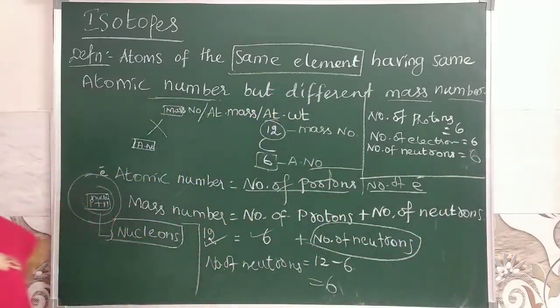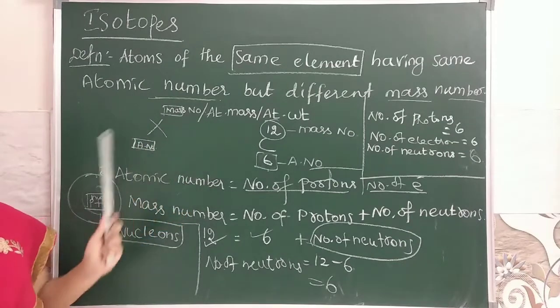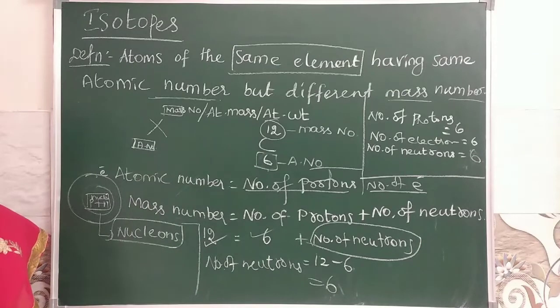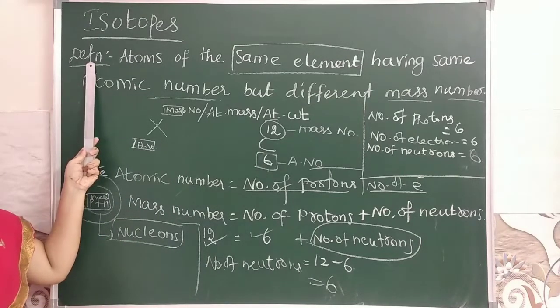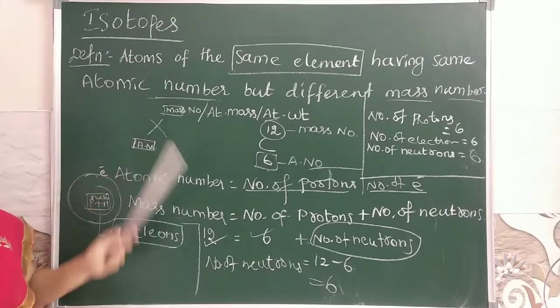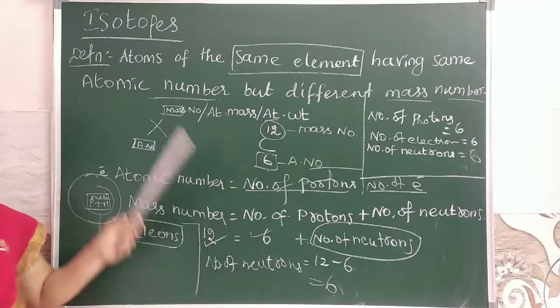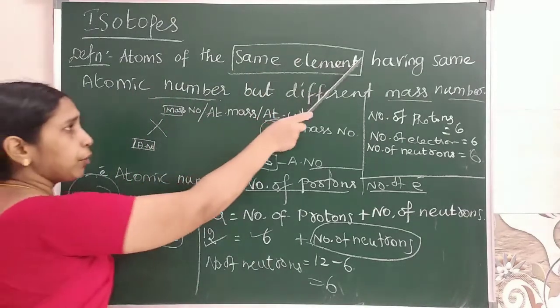In a 2 mark question or a one word question, if any element is given, you have to calculate the number of protons, neutrons or electrons. So, define isotope: atoms of the same element having the same atomic number but different mass number.